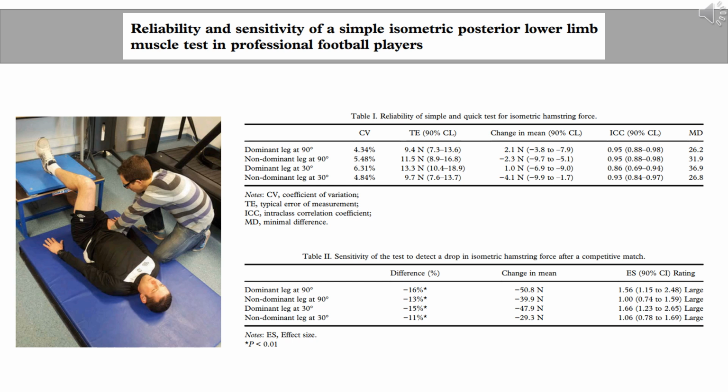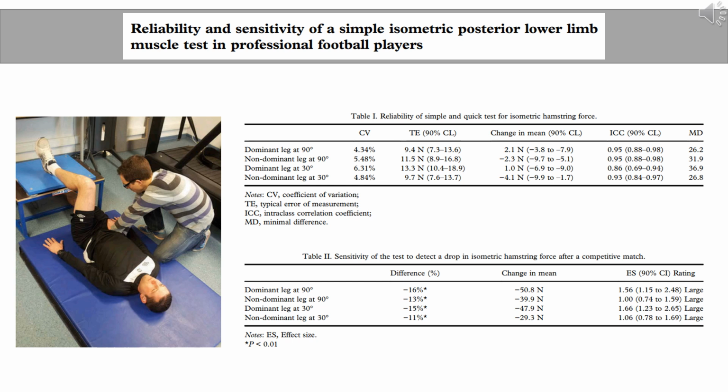And remember, if we go back to our acceptable reliability values, you can see that all CV values being less than 6.31% tells us that, generally speaking, these values are relatively consistent, and the ICC, all being above 0.86, tells us that generally the relative reliability of peak force in this assessment is both good and excellent, okay, at both angles.